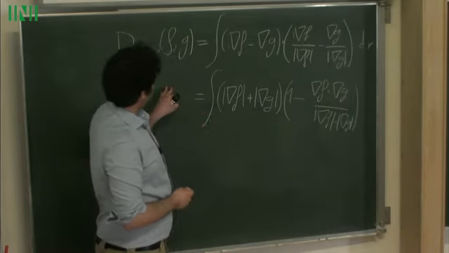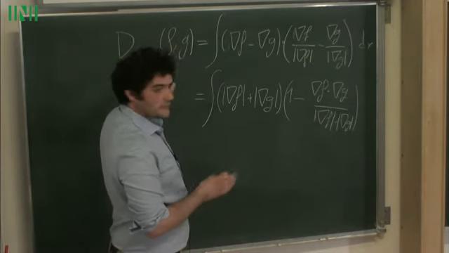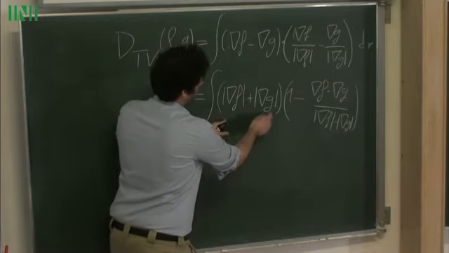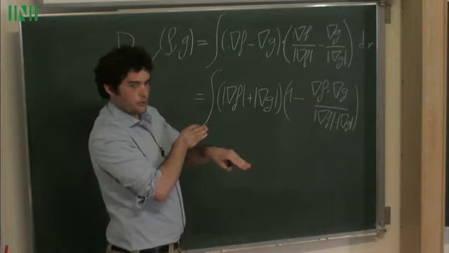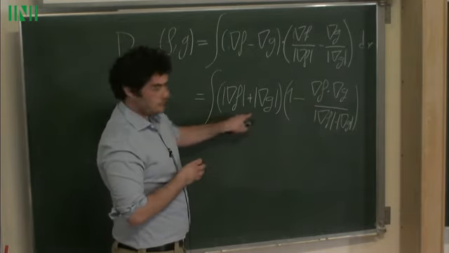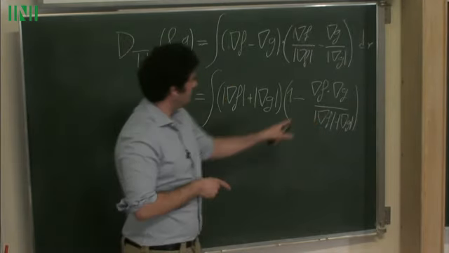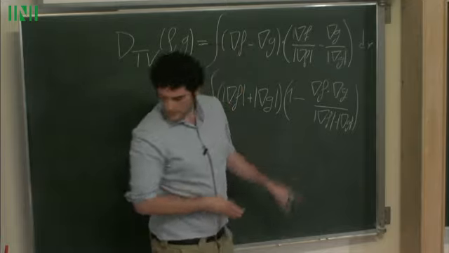So you are trying to minimize this divergence between the two functions, and this is going to be small either when the two gradients are 0 or very small, that means where both functions are constant, or where both gradients are well aligned, so that these two terms are almost parallel and this term vanishes too.